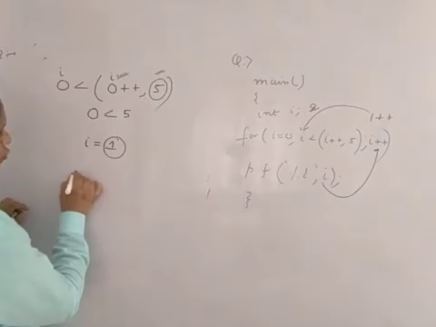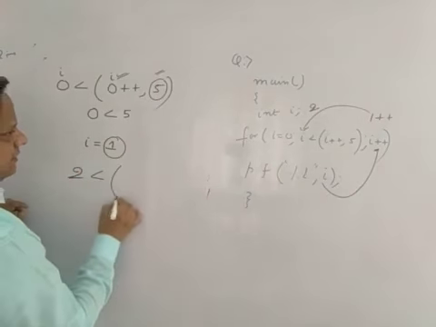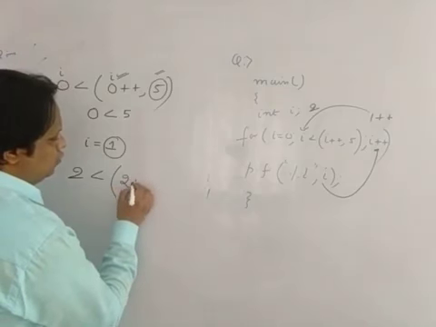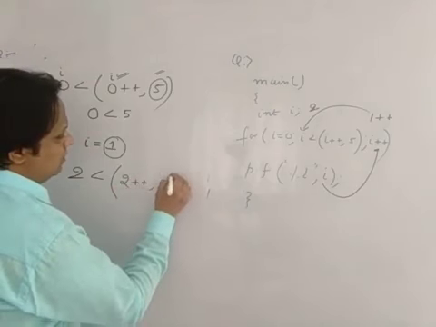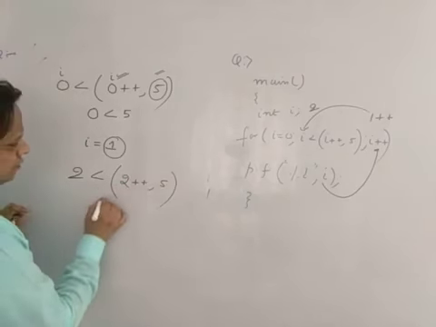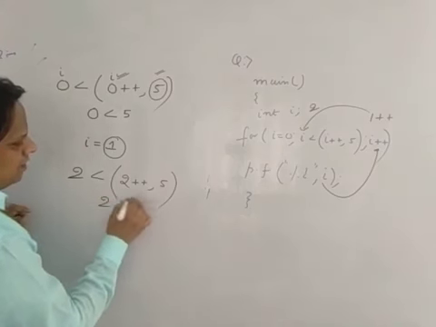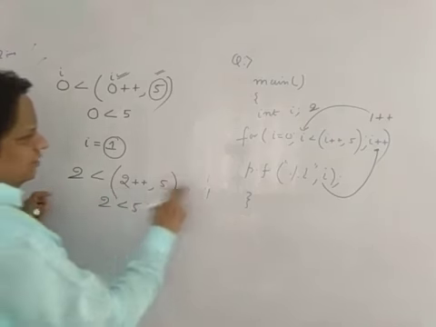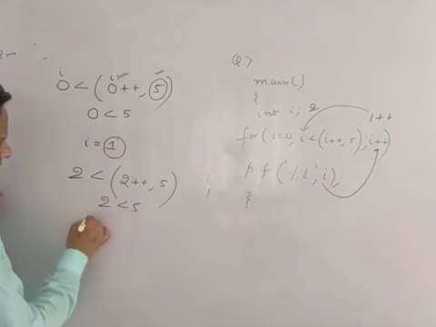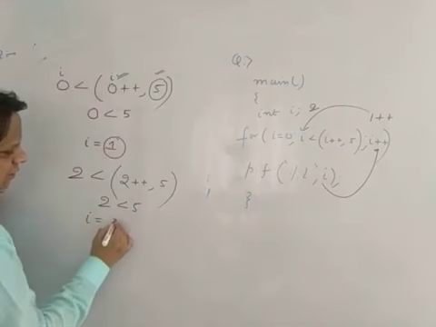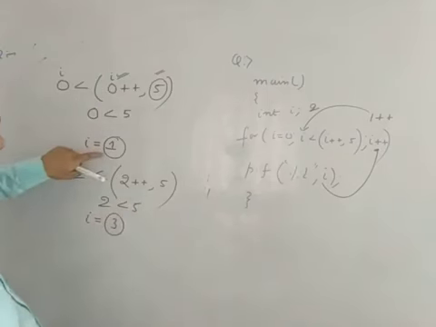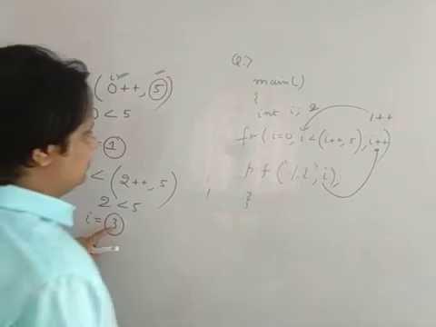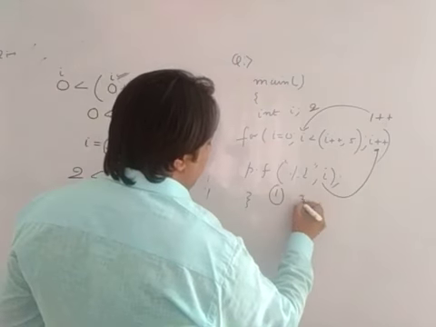So this is 2 < (2++, 5), equivalent to 2 < 5. But because of this increment, when you come to the printf, it is now 3. So first 1 gets printed, then the value of i is 3.